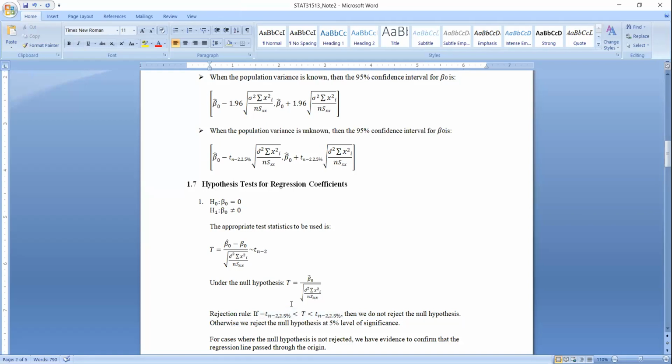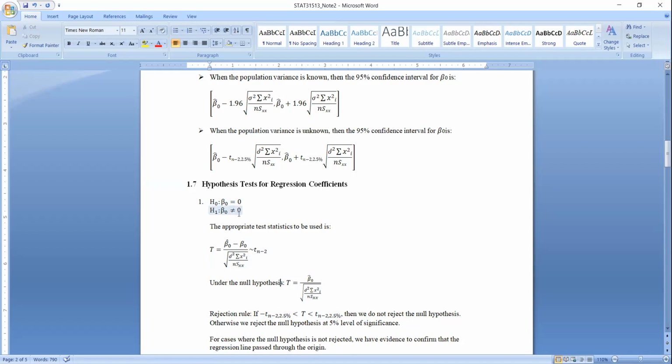So you have to check the test statistic value, and if the test statistic value falls in between these two table values, then we are not going to reject our null hypothesis, right? That is, we can conclude beta naught is equal to 0. But if we can reject our null hypothesis, that is, if the test statistic exceeds the given table values, then we can conclude that beta naught is not equal to 0.